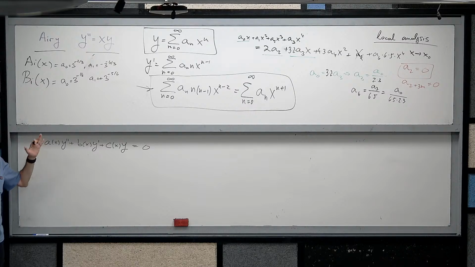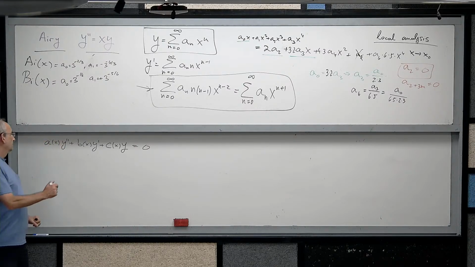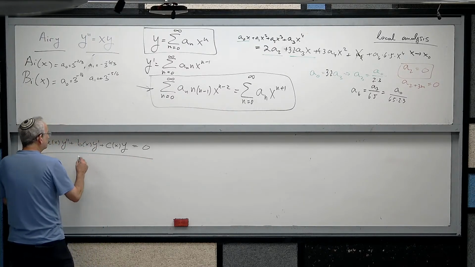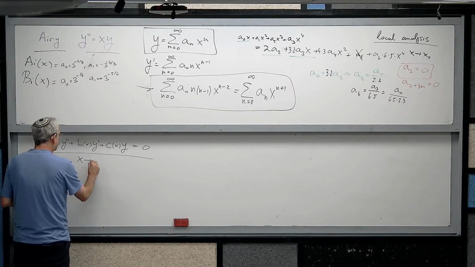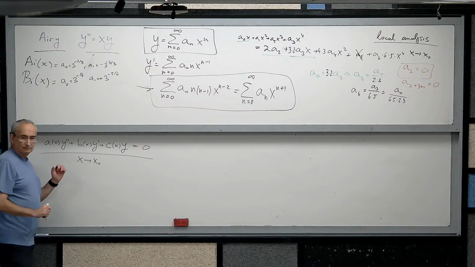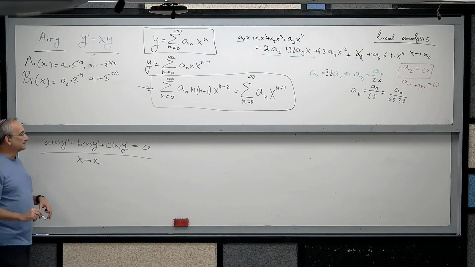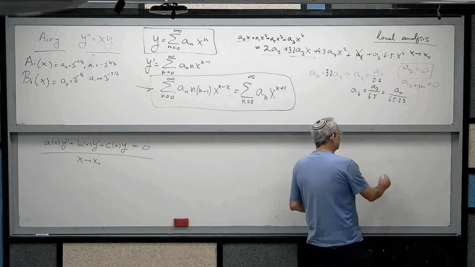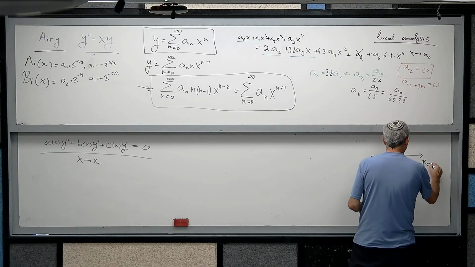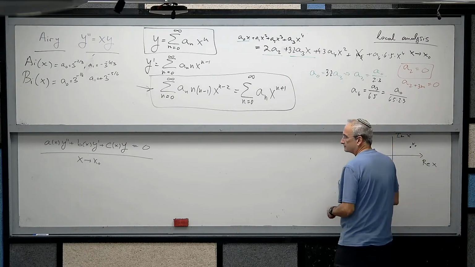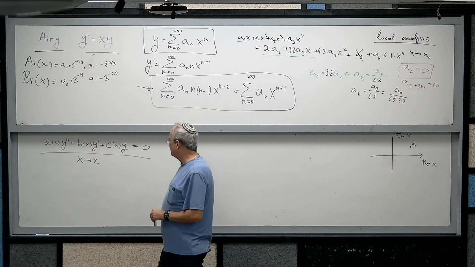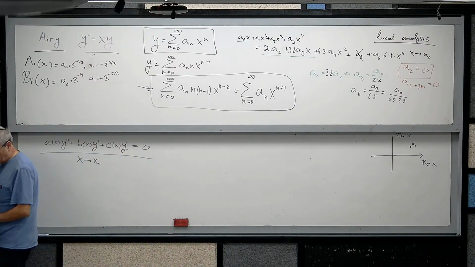Okay, the general theory of linear differential equations, not only second order. And I want to analyze the behavior of this function around some x naught. We have a point x naught in the complex plane. So this is real x, and this is the imaginary part of x, and this point is x naught. I want to analyze the behavior of this equation around x naught.